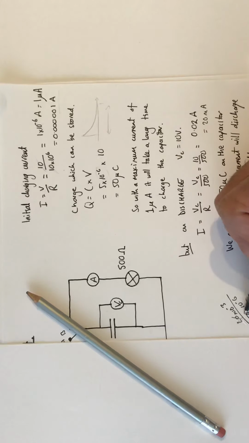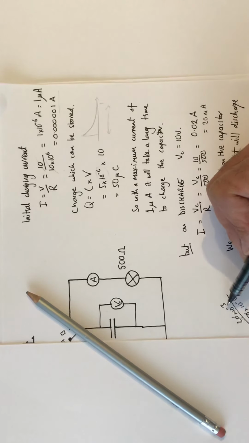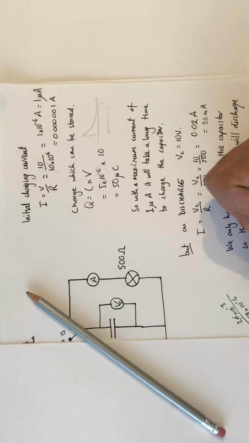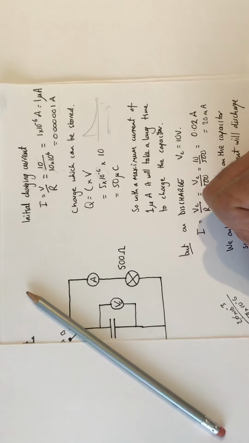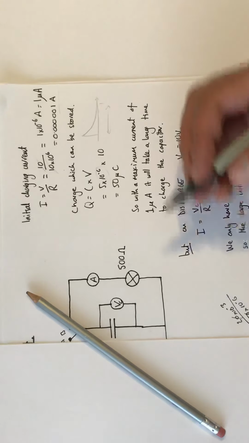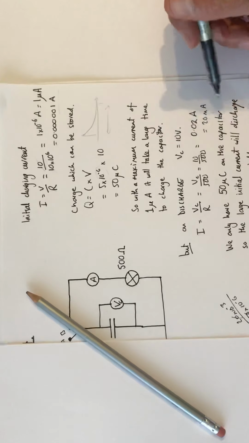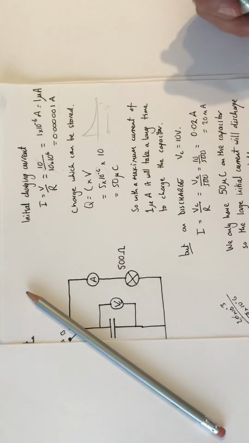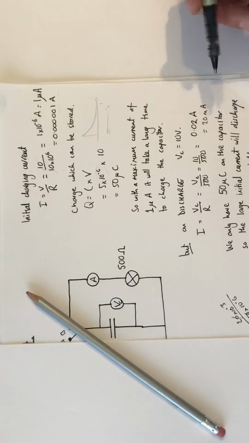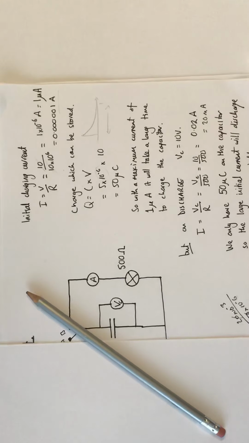It's going to be 2 divided by 5,000, or 1 divided by 2,500. So basically, this current is enormous compared to the amount of charge we've got. It's 2,500 times greater than the amount of charge we've got. So basically, it's going to discharge in a tiny fraction of a second. In a few milliseconds, it's all going to be discharged. And that's how this works.